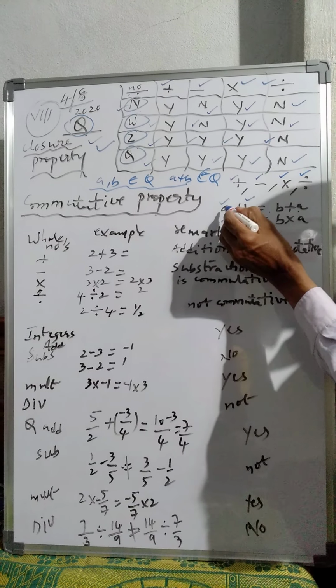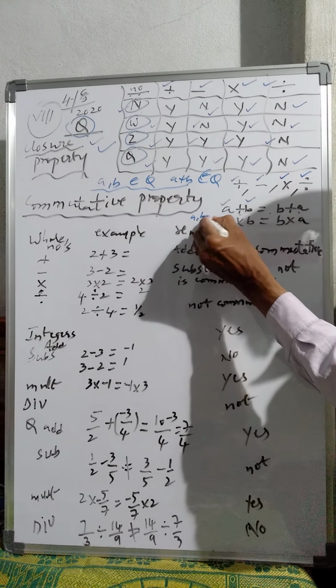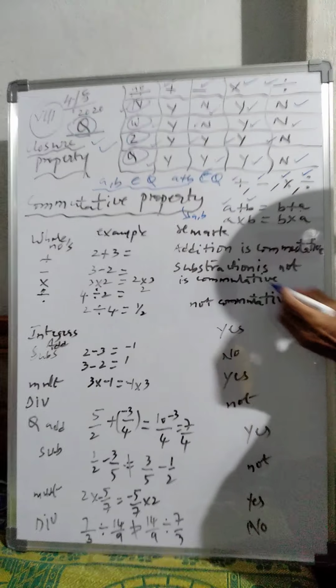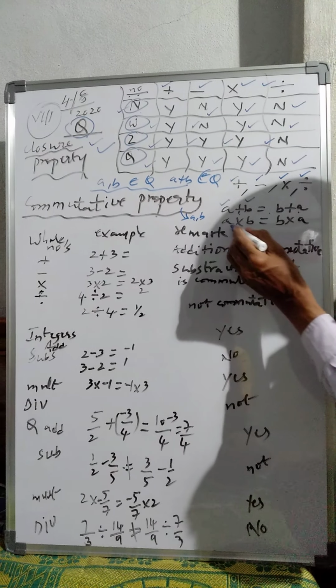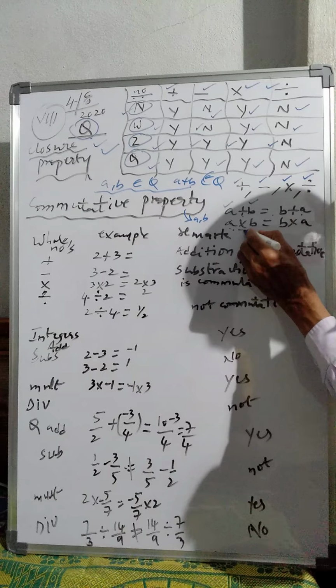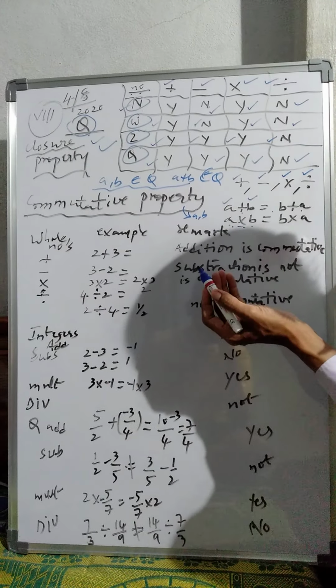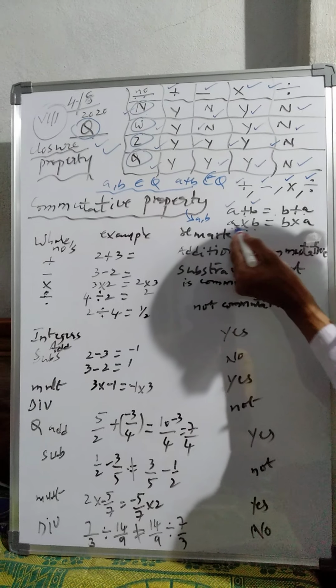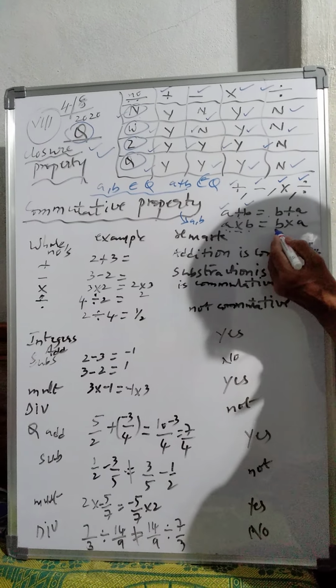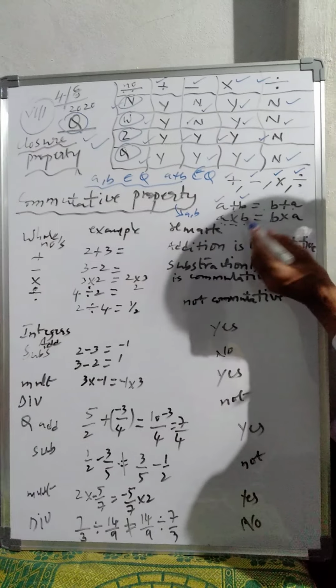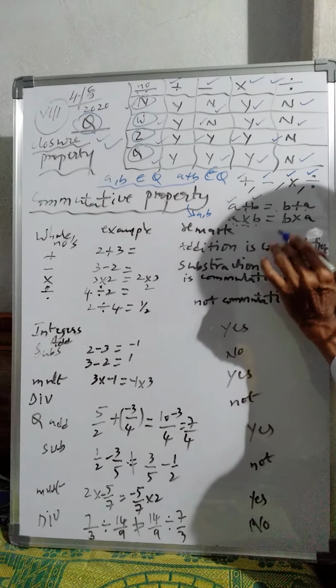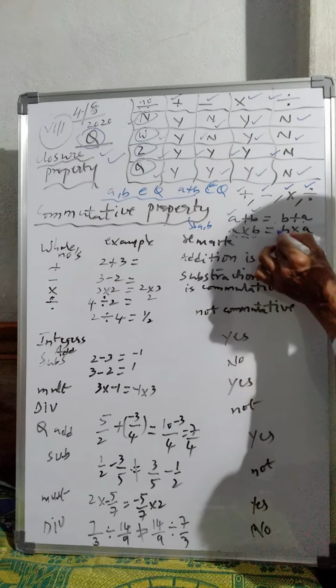Then the numbers a, comma b are said to be commutative. Likewise for another operation, a into b, if we interchange the numbers, if we keep b in a's place and a in b's place, and the result is not changed, then it is said to be commutative. Like a into b is equal to b into a.